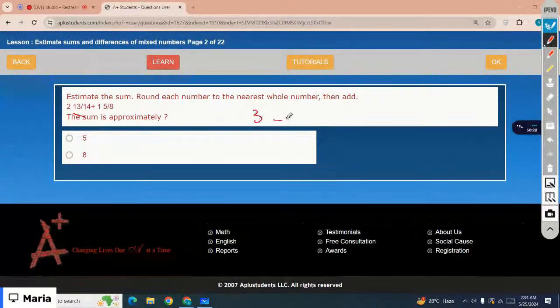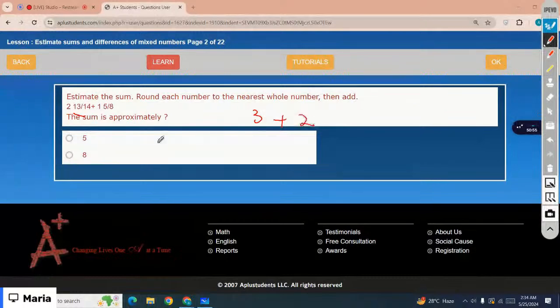More than half it is, so it would be rounded off to 3, right? Then the second one, 5 over 8, is more than half.